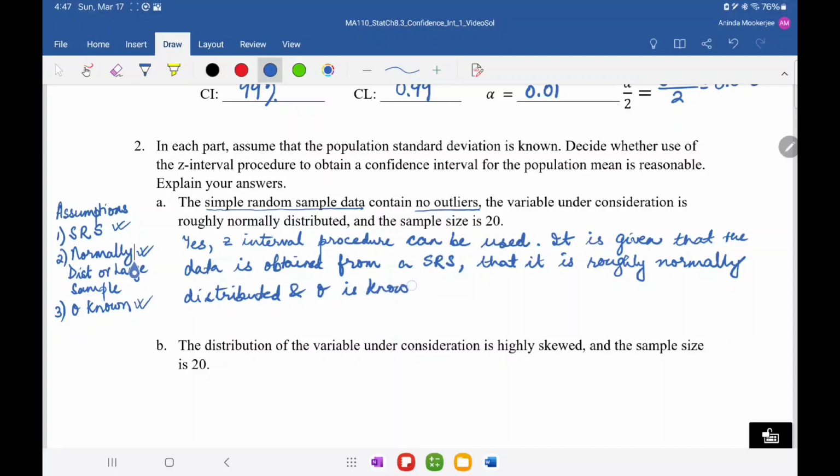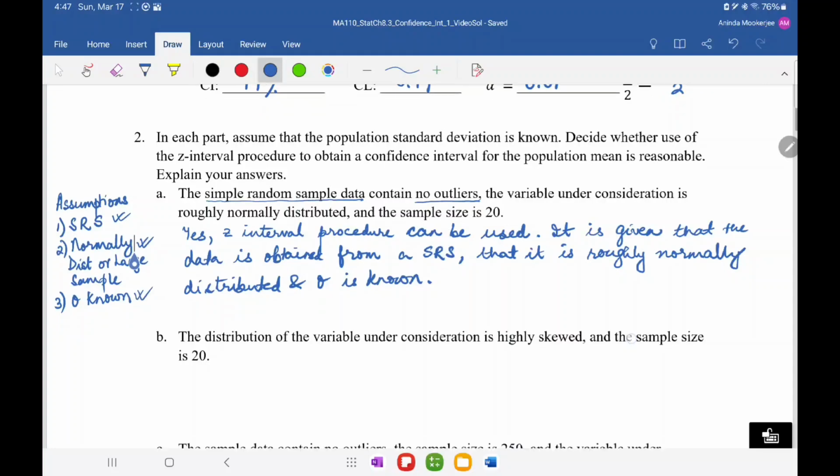We have to mention that these three conditions are fulfilled. So basically, they've told us that all these conditions are met. All right, so we have to just read the given conditions and check them against the assumptions, make sure they are met, and put it in our answer.